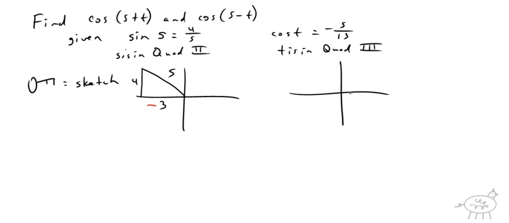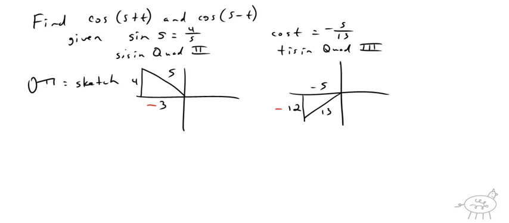All right, so let's sketch this guy here. We're in quadrant 3, and this is going to be cosine is x over r, so -5, 13, and I'm going to put this in red again. This is -12. Okay, so on the top of your paper, if you think you're going to forget the signs, write the word signs, and then go back and check it.